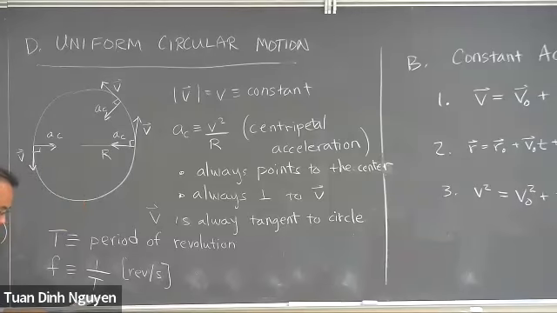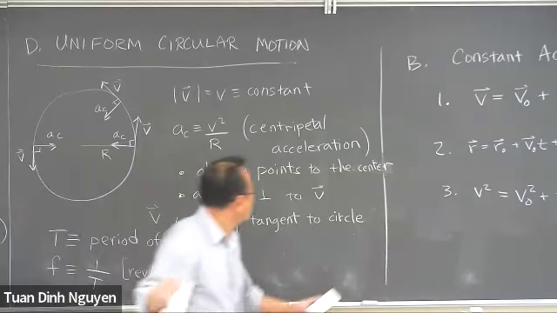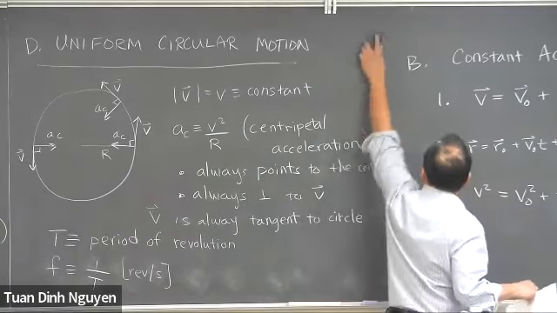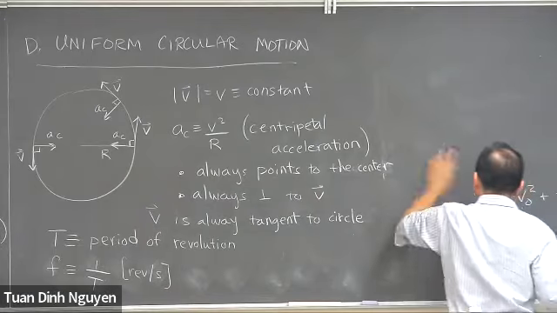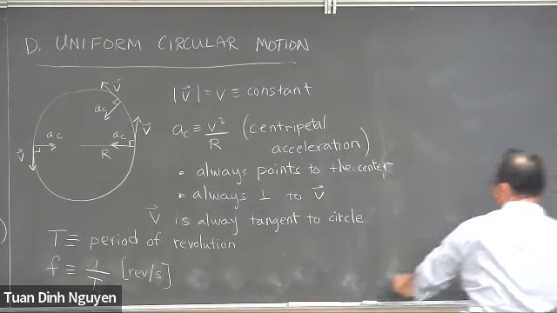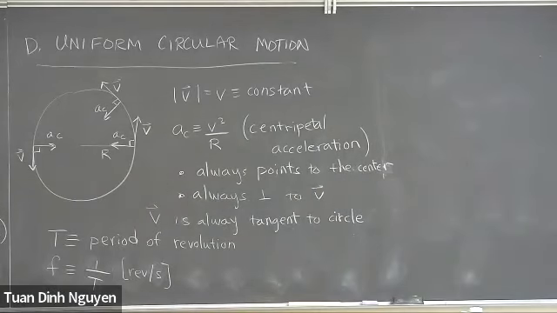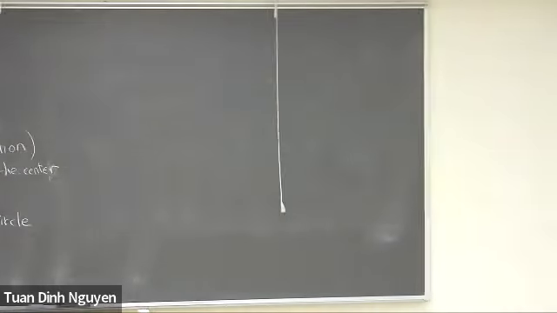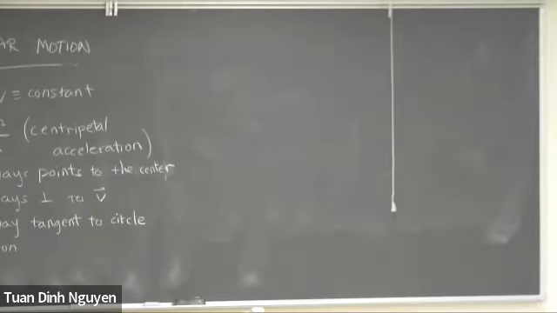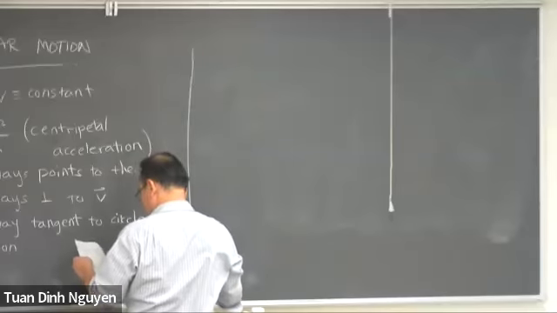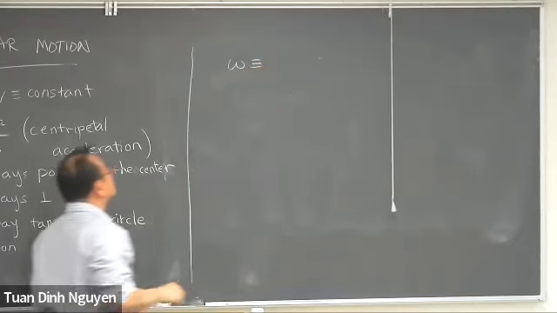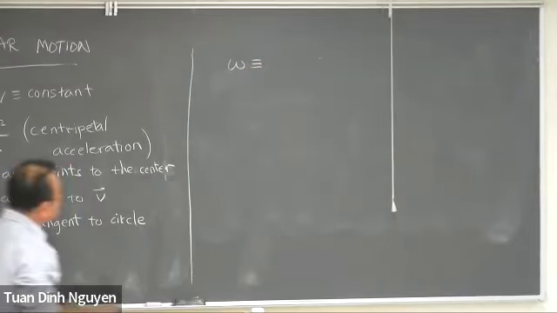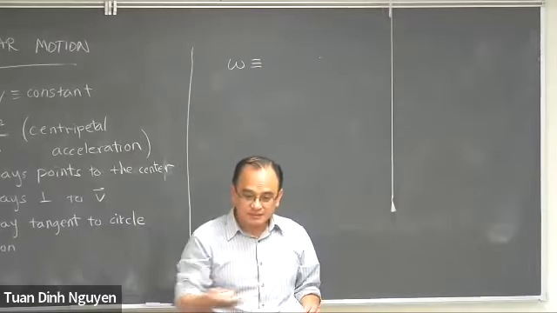Then we have just a couple more equations. There's something called angular frequency, which is omega, and that tells you how much angle is changing.